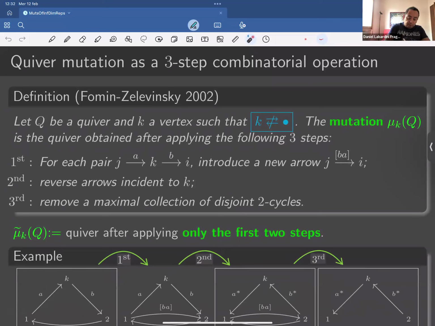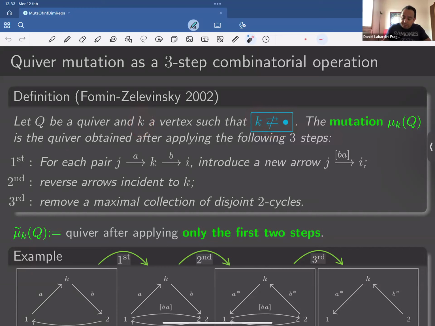To mutate a quiver, we start with a quiver and a vertex k with the property of not having two cycles incident to k. In other words, the quiver Q may have oriented cycles of length 2, but the vertex at which we are going to mutate is not incident to any such cycles of length 2.